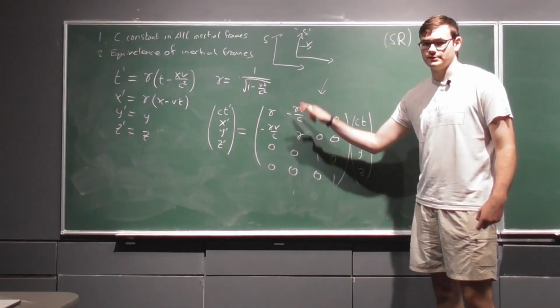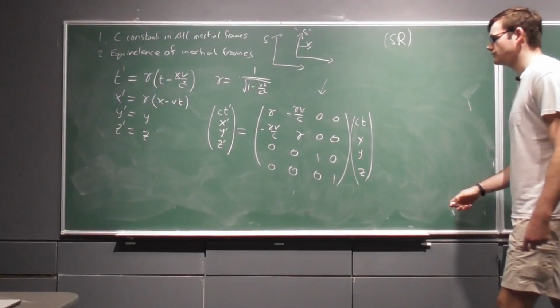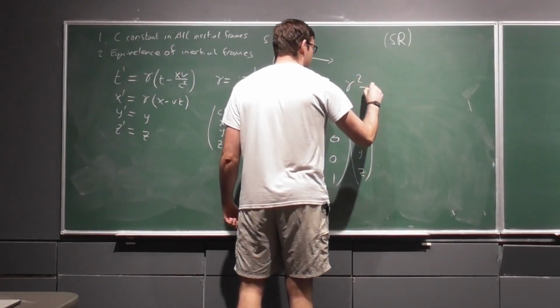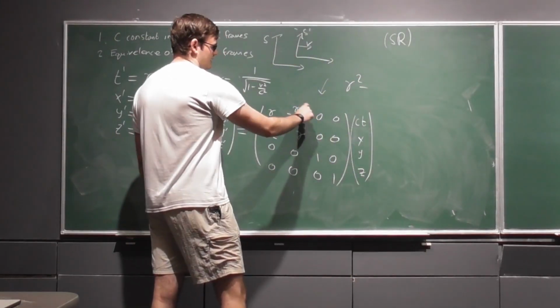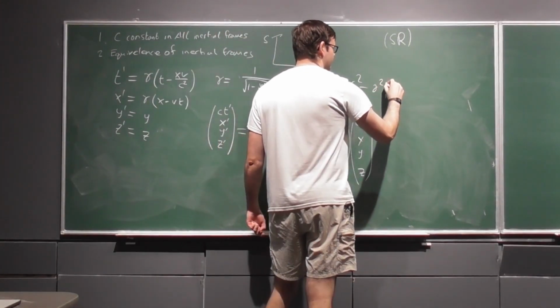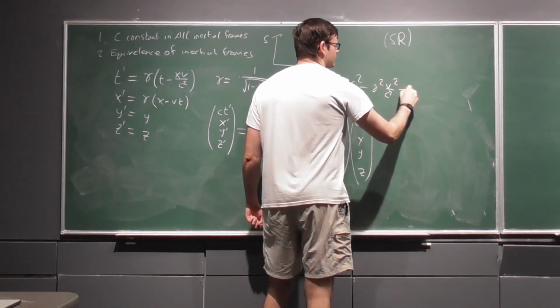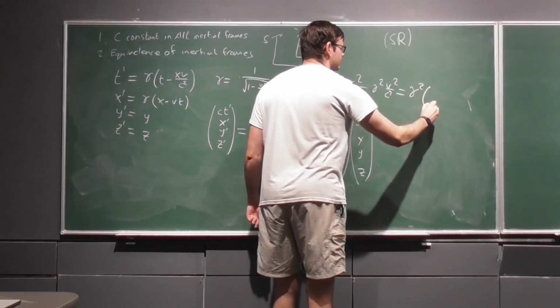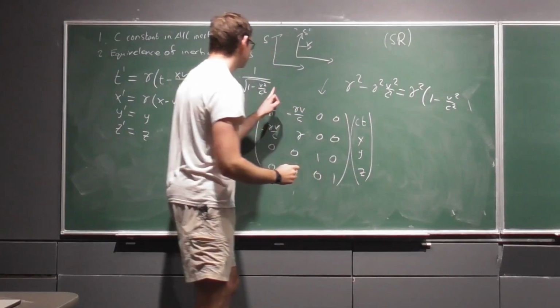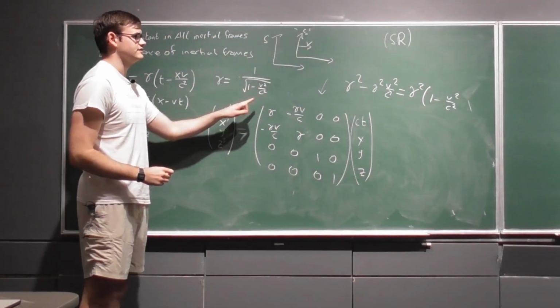because these are just ones, it just depends on the determinant of this upper 2 by 2 matrix. So gamma times gamma is gamma squared, then minus gamma v over c times gamma v over c, so that's going to be gamma squared v squared over c squared. I can just factor out the gamma squared, and that's 1 minus v squared over c squared. But remember, gamma is 1 over the square root of 1 minus v squared over c squared.